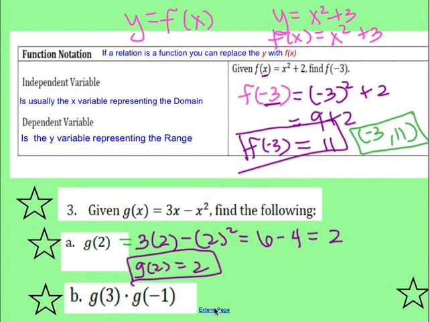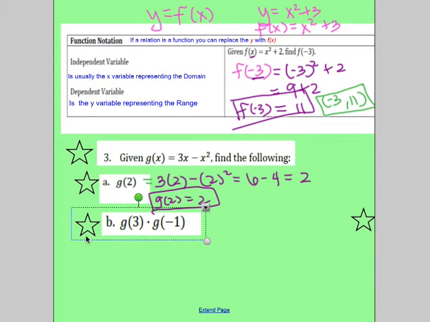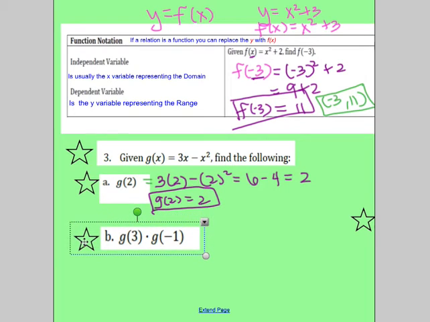The next thing I need to do is I want to do g of 3 times g of -1. So I need to figure out, well, let's find g of 3 and let's figure out, well, what is g of -1? So g of 3 is equal to 3 times 3 minus 3 squared.